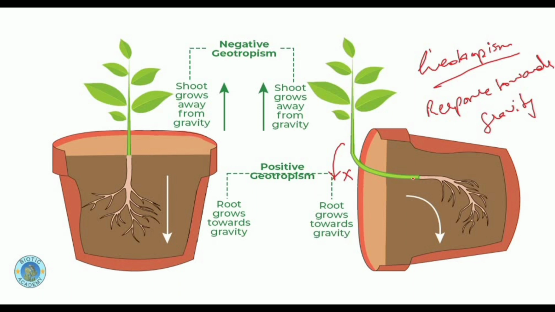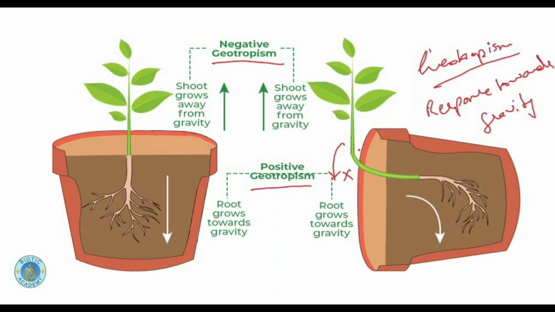And roots are basically showing positive geotropism. They are going toward the source of gravity, where whatever the position of the potted plant is, root will always show its response towards the gravity, and it shows positive geotropism, and shoot will show negative geotropism.